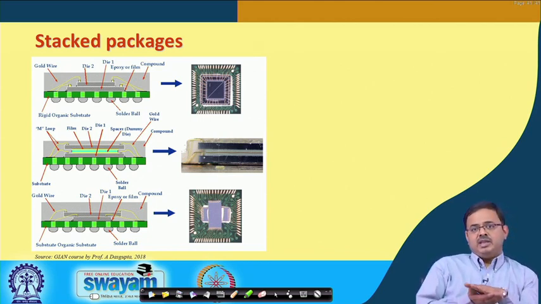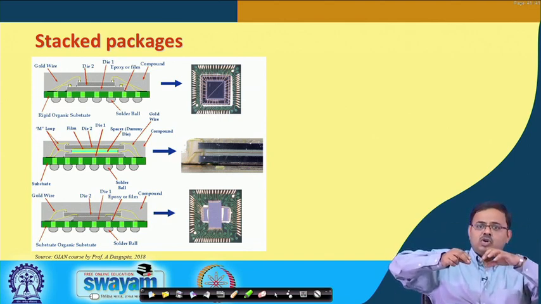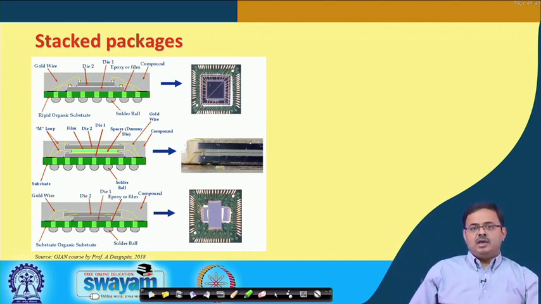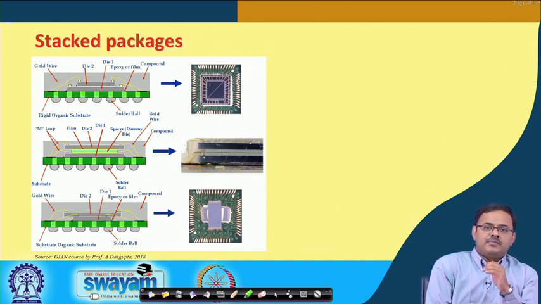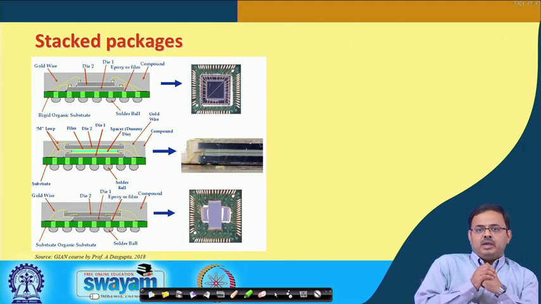So, the first one can be a flip chip bonded device on the substrate, and then what comes on top can be wire bonded. These days people are also talking about two layers of ball grid solder bondings. So, that is possible.